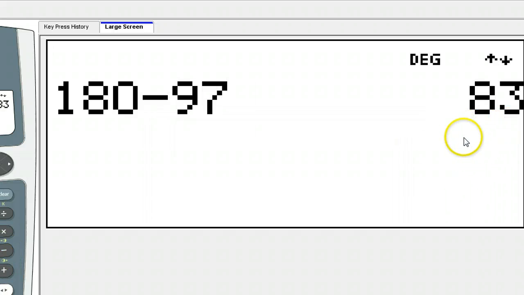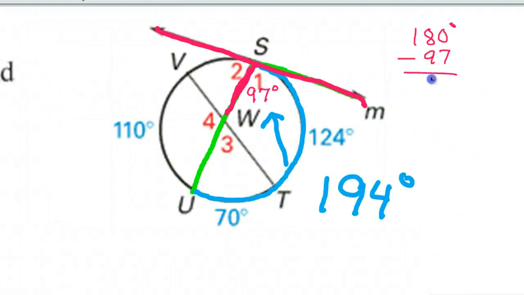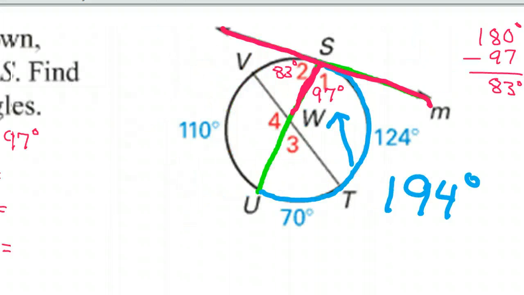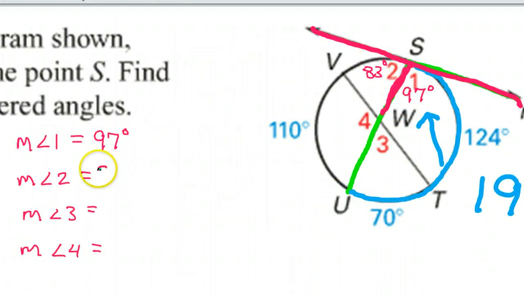That's 83 degrees. So angle 2 over here is 83 degrees. Let's add that to the list. That's this angle right in there.